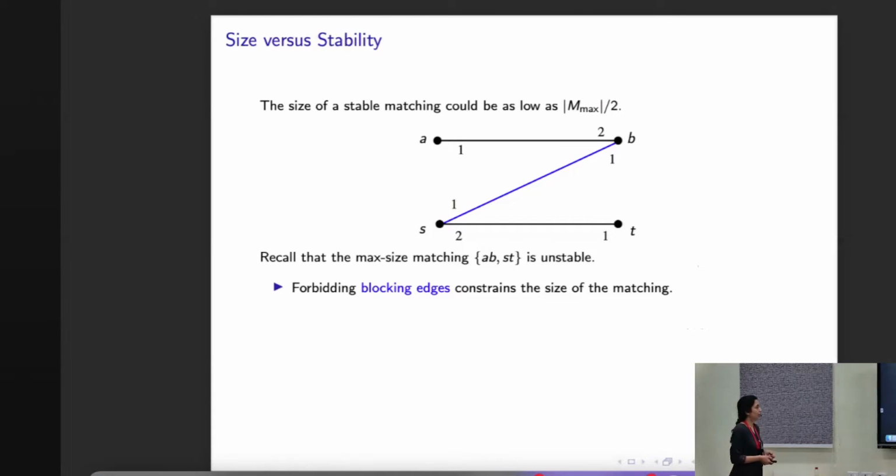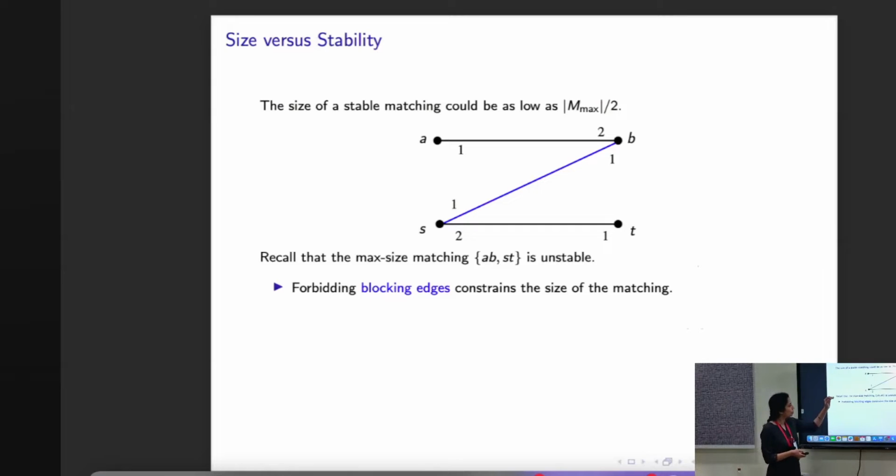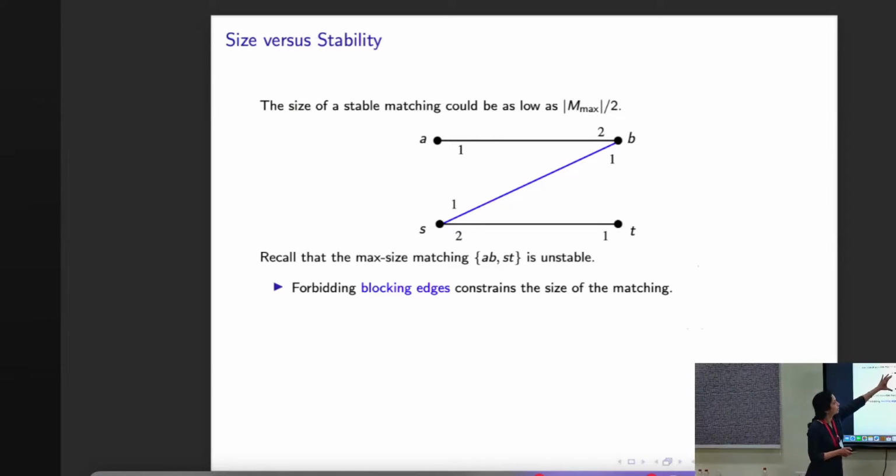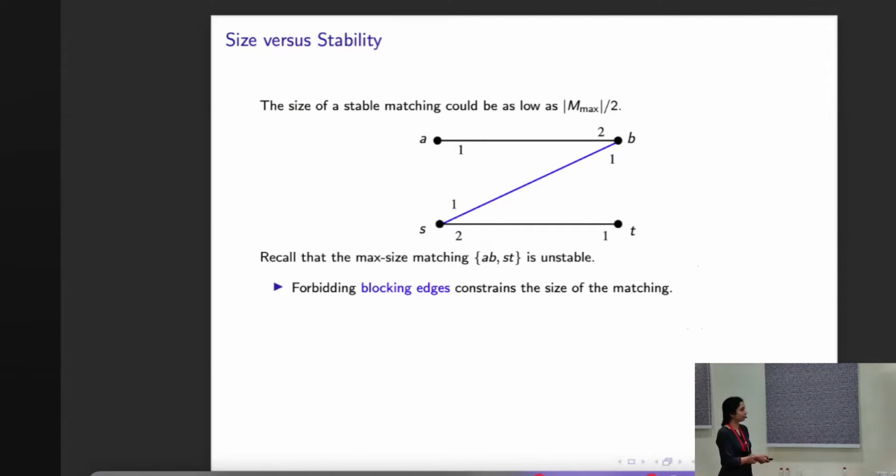So stability is too strong a notion. Forbidding blocking edges is constraining the size of the resulting matching. So if we went for a maximum cardinality matching, we would have been better off in some sense in having both the residents or agents employed, and now we are constrained.